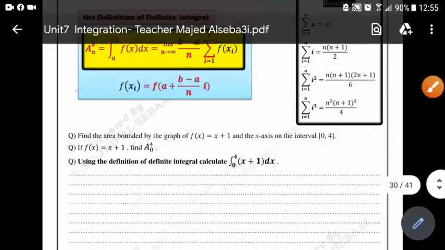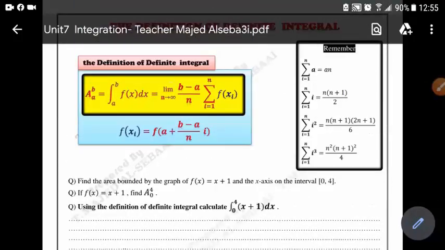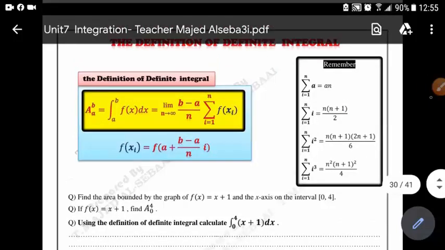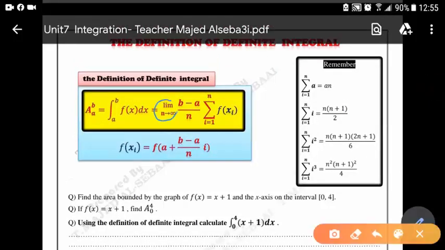To find it, I will find the limit, as we learned before. We studied how to find the limit, as n goes to infinity, of b minus a over n, and I will tell you what that is, times the summation of f of xi.